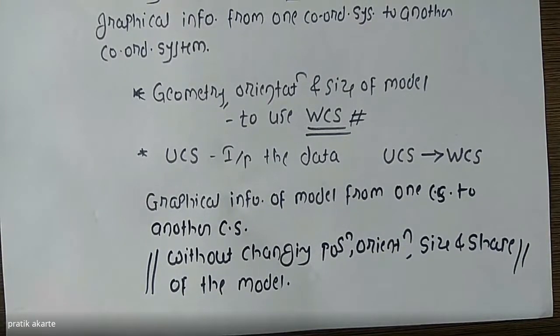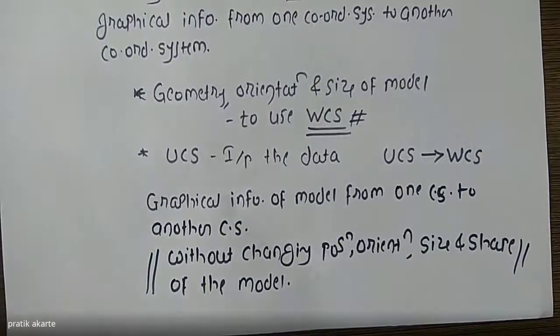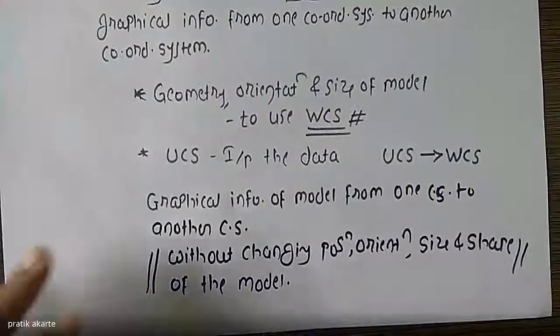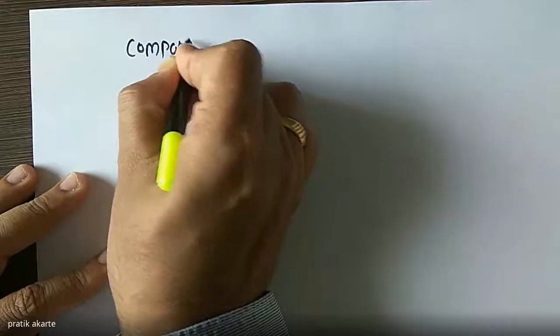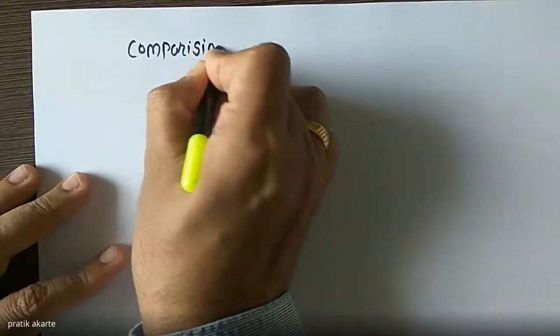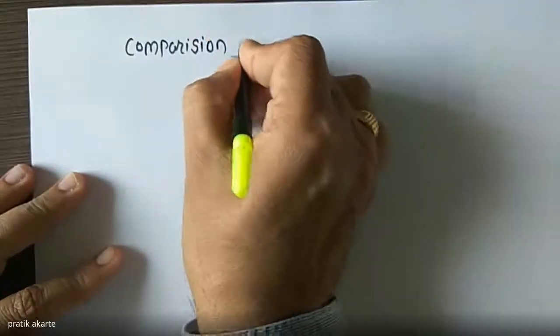Now I think I have made clear the concept of geometric mapping. Now we'll see the comparison between geometric transformation and geometric mapping, just to understand the basic difference between what is geometric mapping and what is geometric transformation.